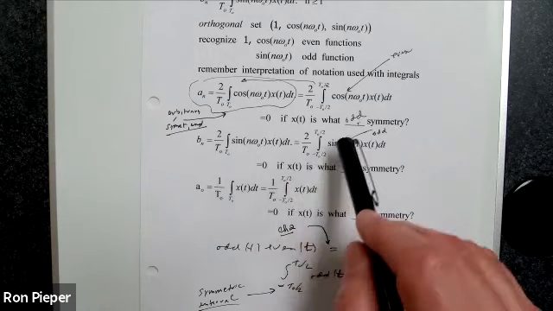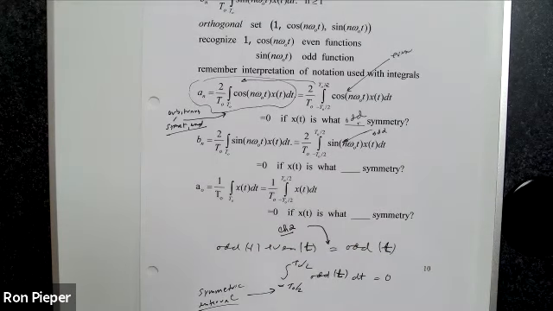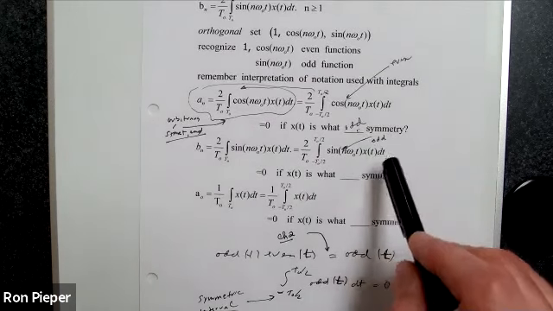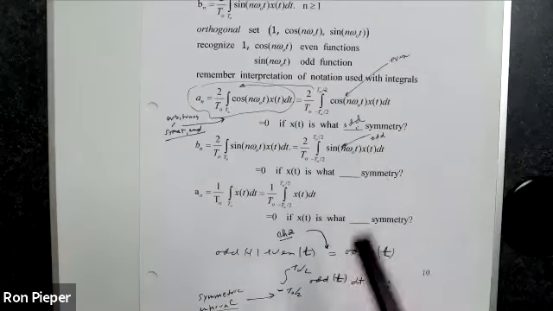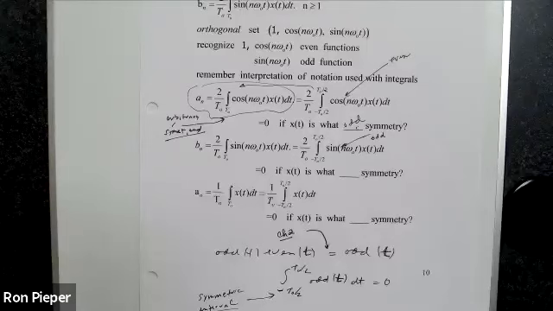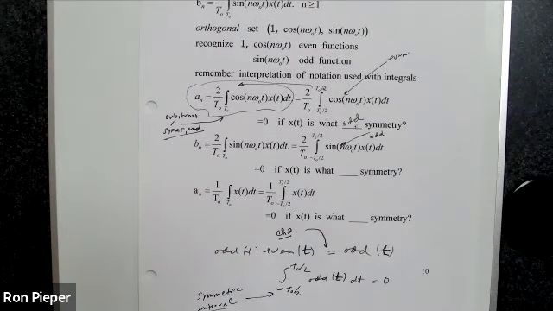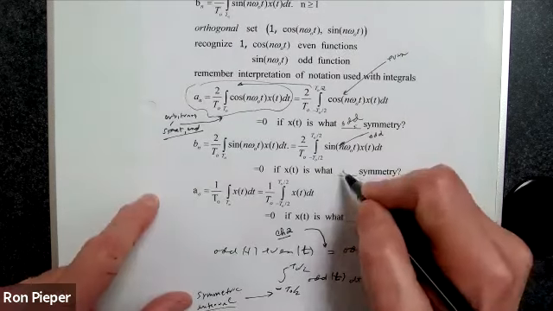But if we did take that specific case for a symmetric interval, what would you claim the symmetry of x of t should be here to guarantee a 0? Even. Even, correct. So that would be even symmetry.